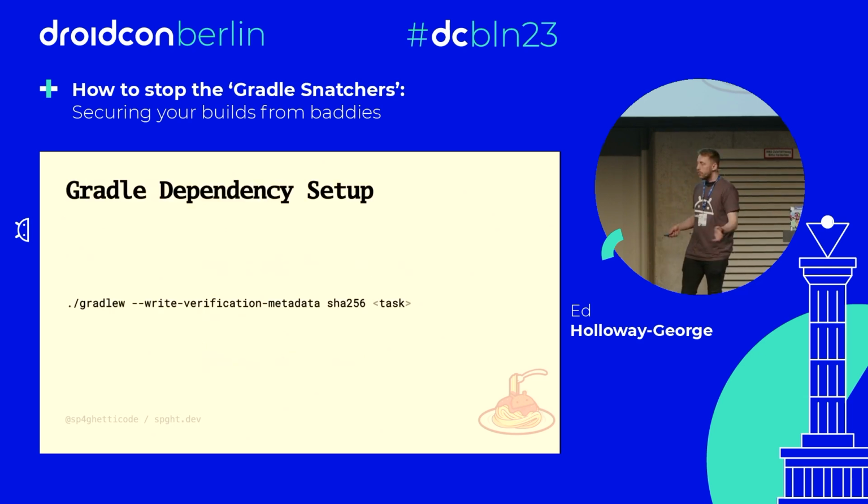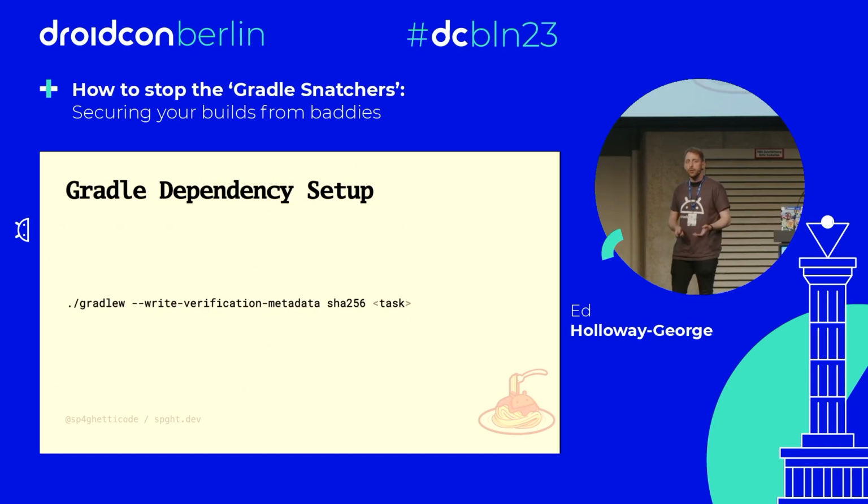So let's actually look at some Gradle stuff now. If we want to be able to get our SHA-256 of the dependencies and our artifacts, we need to run this Gradle task. The task at the end in the brackets is actually optional, and the purpose of this task is to allow for discovery of different dependencies.